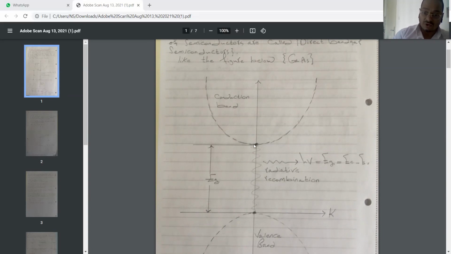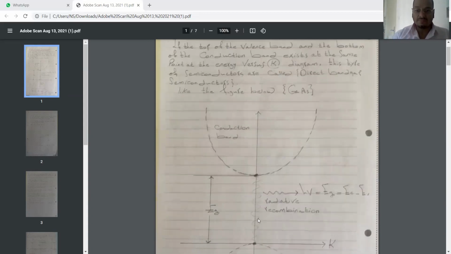Why? Because this point is directly under this point. That's it. This is the important information about this diagram.